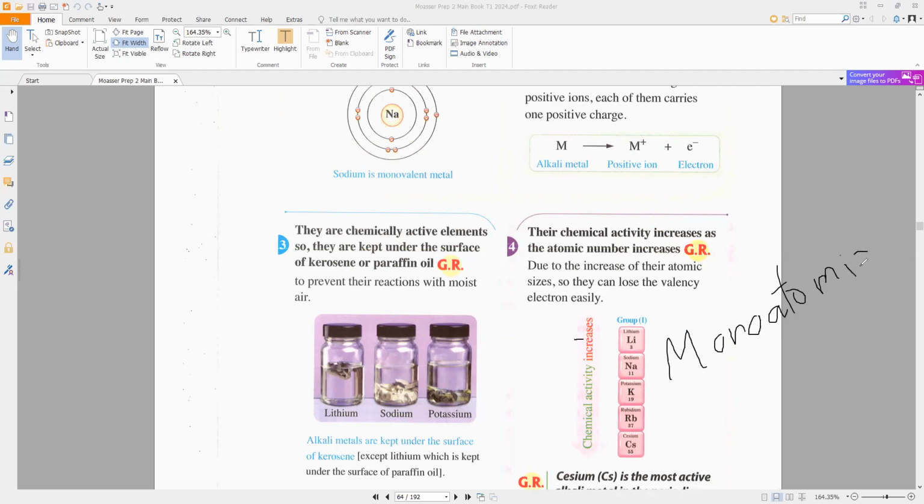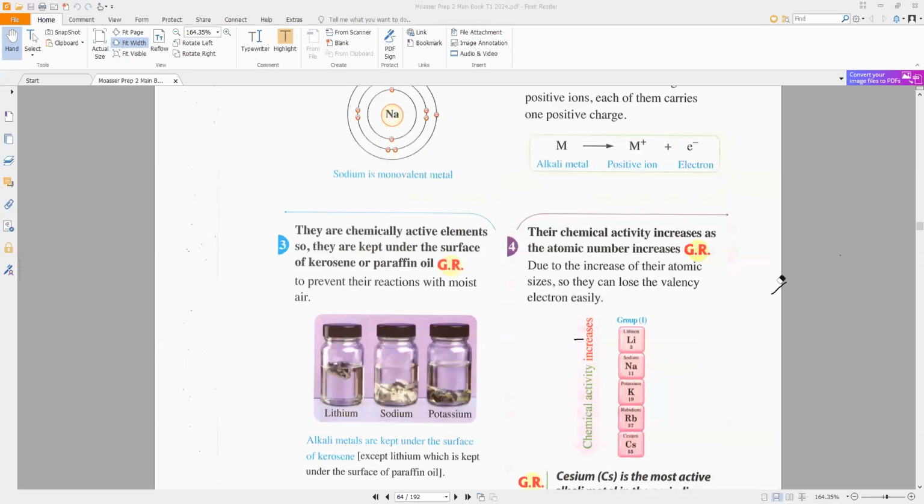Monoatomic because it's found as one atom. These elements are found as one atom. Lithium, sodium, its element or molecule consists of one atom. So the alkali metals are monovalent and monoatomic.